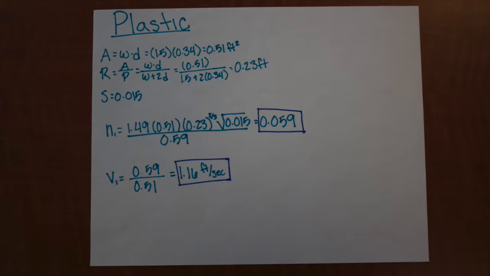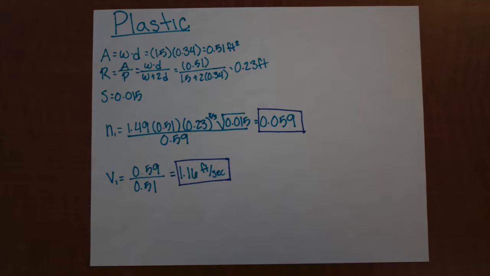And then our hydraulic radius is the area over the wetted perimeter, which then simplifies to the width of the channel times the depth of the water, divided by the width plus 2 times the depth. And that came out to a total of 0.23 feet for the hydraulic radius. And then next we had a 1.5% slope, and we had to convert that into feet per feet for slope.